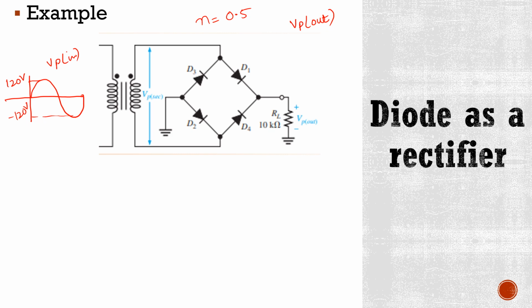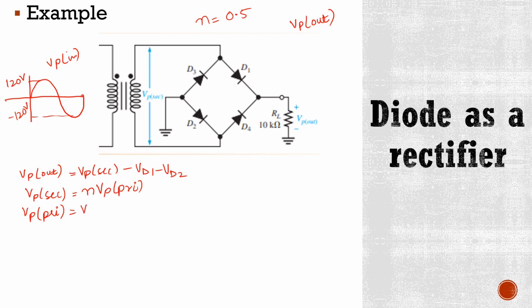We know that the equation of peak output voltage is peak secondary voltage minus VD1 minus VD2. This peak secondary voltage is equal to turns ratio times peak primary voltage. Now what is this peak primary voltage here?